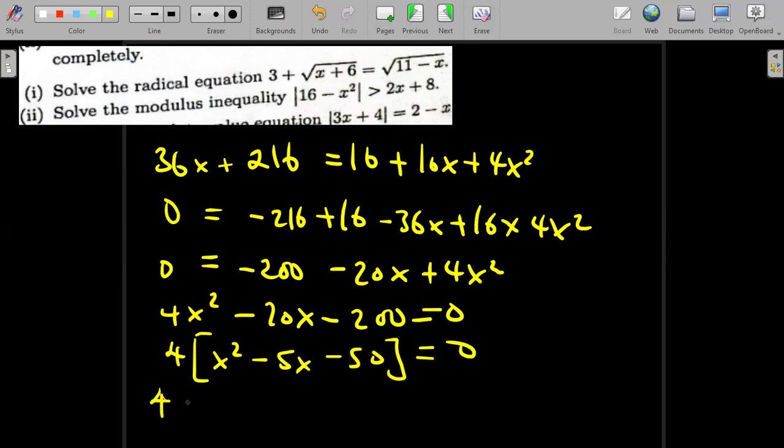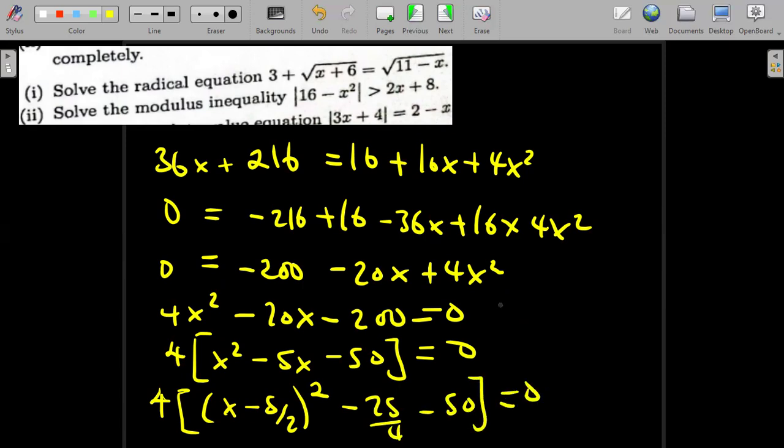This is going to be 4 times x minus half of 5, that's 5 over 2, squared, minus the square of half of 5, which gives you 25 over 4, minus 50, equal to 0.